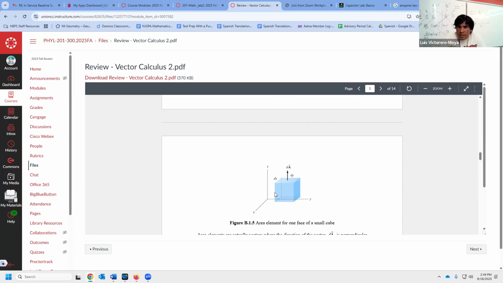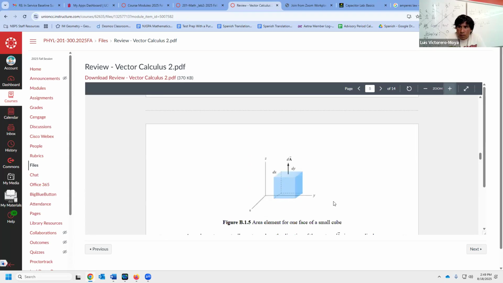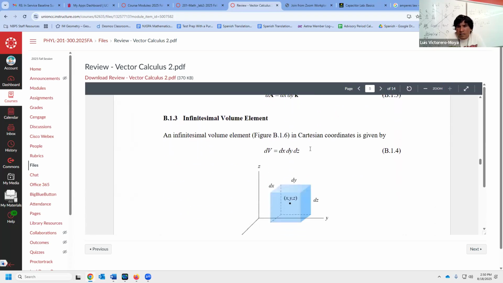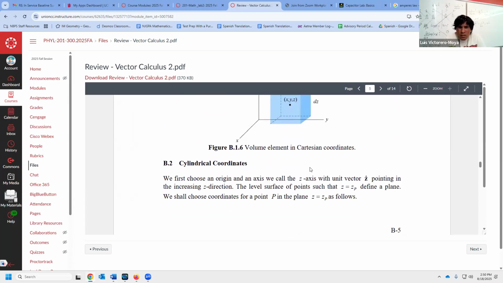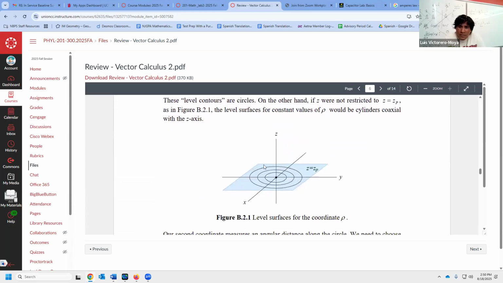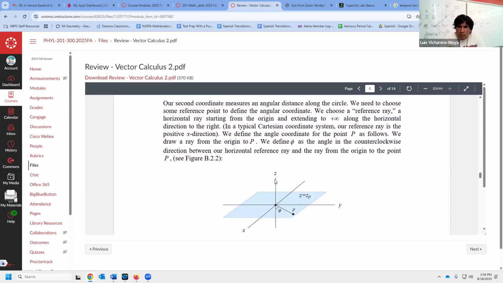That's your x, y, and z here. Simple. And then the volume is just that. For cylindrical, you just have to be careful because now you have the circle and you want to have the z, but the z is just z. In the x and y plane, because you have circles, you're going to define an angle phi.